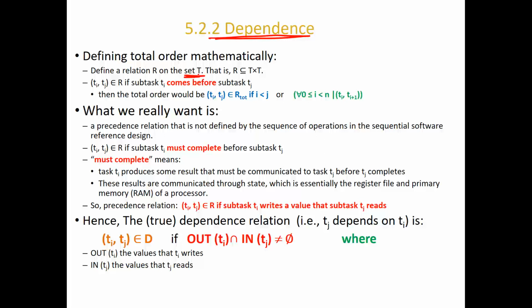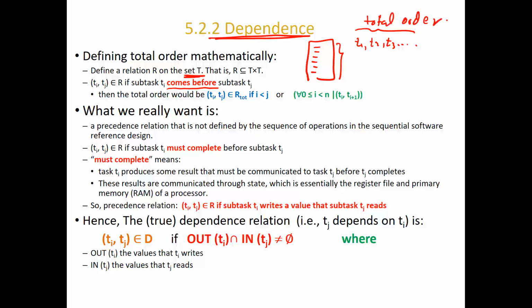You can see that the instructions in the program appear one after another. If I take the relation "comes before", then I will order them as they appear: instruction T1, then T2, T3, etc. This is my total order.